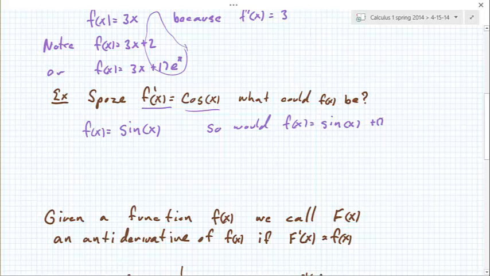I don't know why I always use 17. It seems like an ugly number. Or f of x equals sine of x plus 75 times 10 to the 35th. It doesn't matter how big the constant is. Once you've taken the derivative, when you try and go backwards, you lose information about that constant.